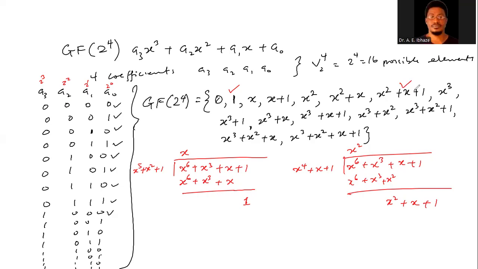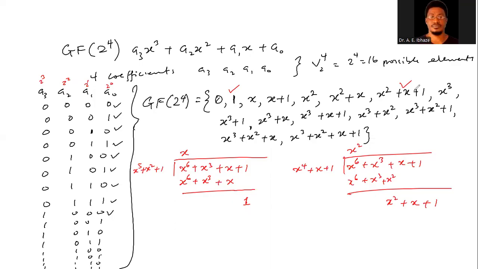So now, what if we use any random polynomial to perform this long division? The chances that we will get an element in this field will be slim. Okay?